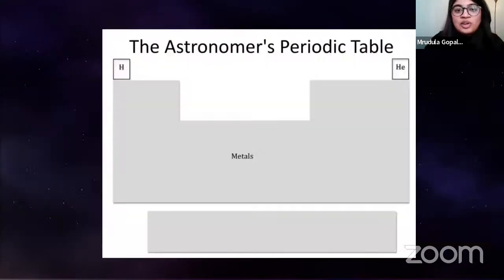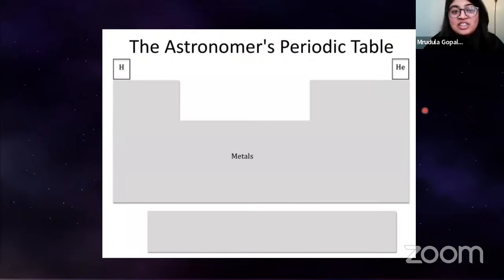Before that, I also just wanted to show you this. If you were to read any astronomy books, you will see a lot of mention of metals when they're talking about stars and galaxies. They'll basically say there's a lot of metallicity in stars or something. So basically, in an astronomer's periodic table, only three elements exist.